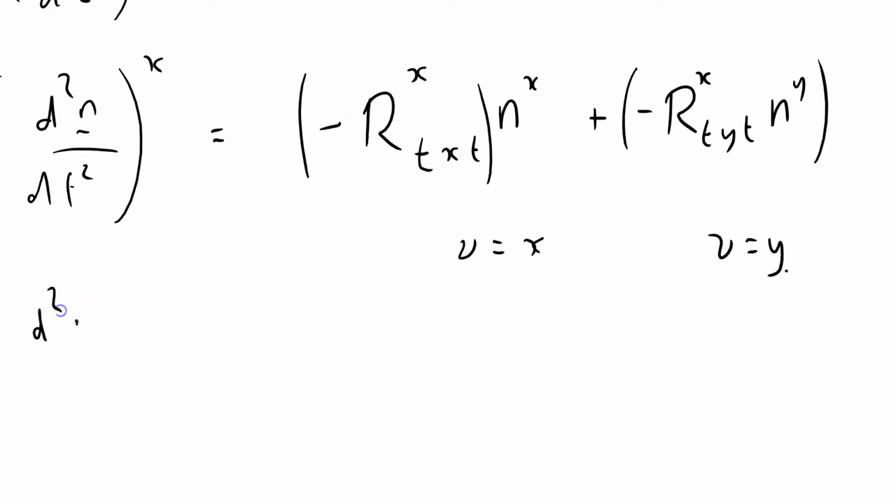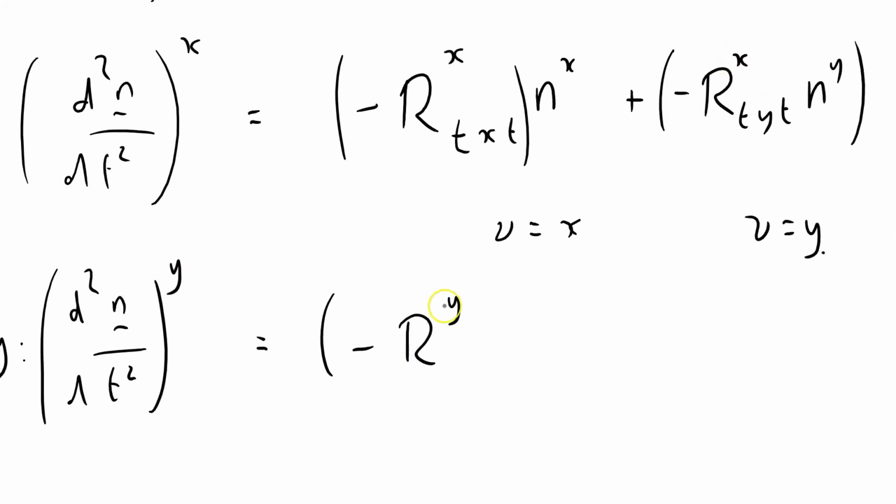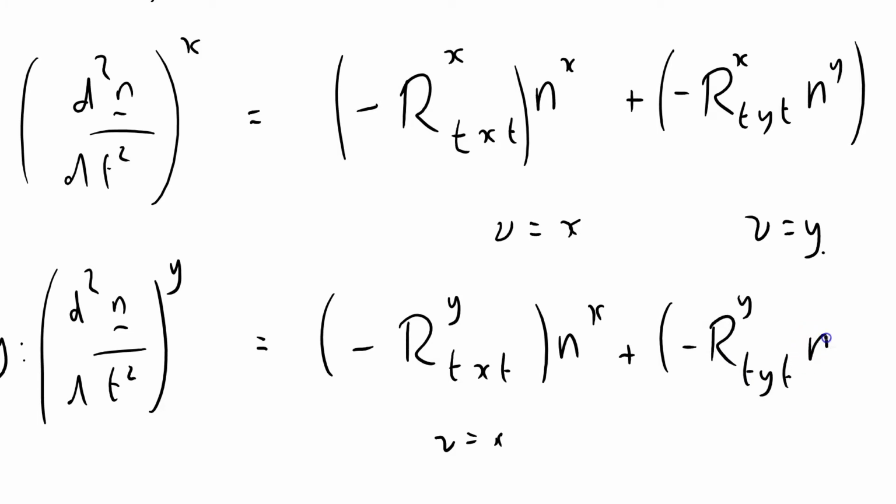Next we've got d2n by dt squared, component y, which corresponds to gamma equals y, equals minus R with y upstairs, t, x, t, nu equals x, n x, plus minus R with y upstairs, t, y, t, n y.